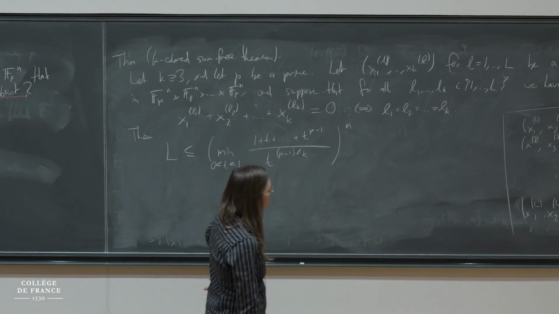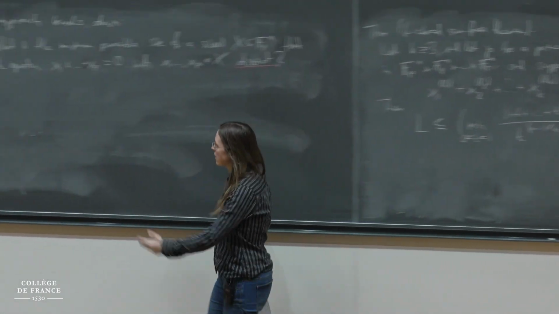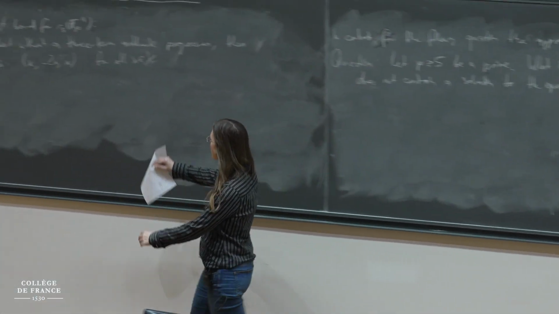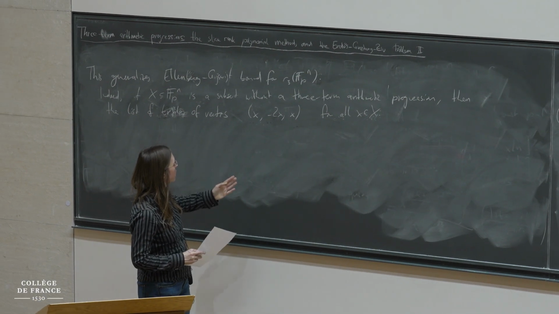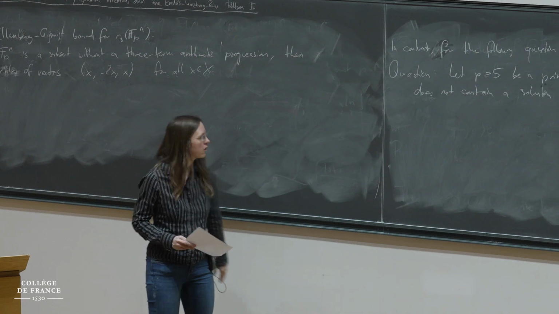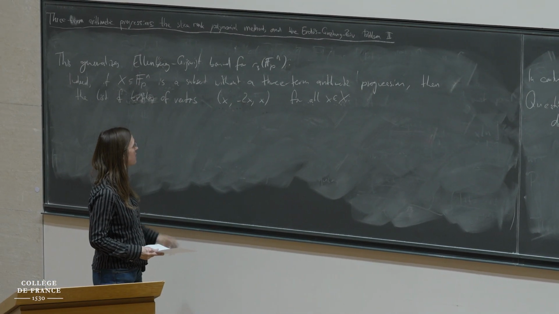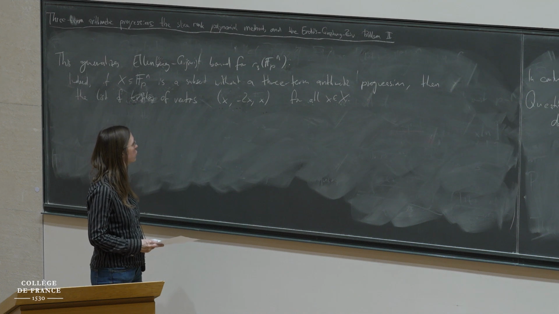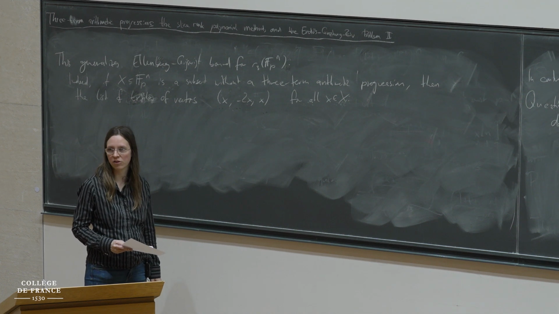Well, the first part of the condition was that every row sums to 0. That's certainly the case, because x minus 2x plus x is 0. The second condition was that I'm not able to pick something from the first column, the second column, and the third column and get 0. But that's exactly the same as saying that I don't have a solution to x minus 2y plus z equals 0, where x, y, and z are not all equal.